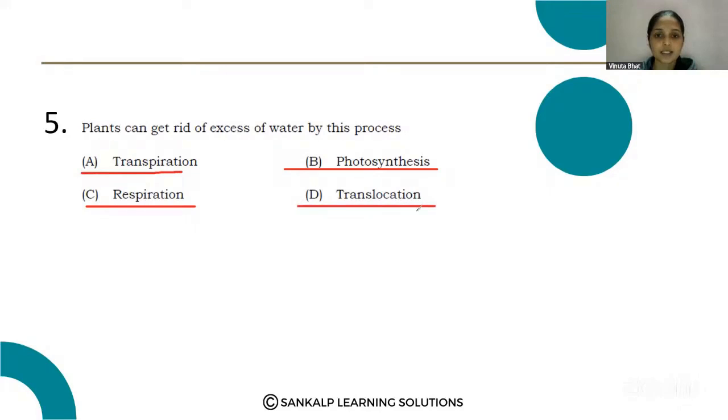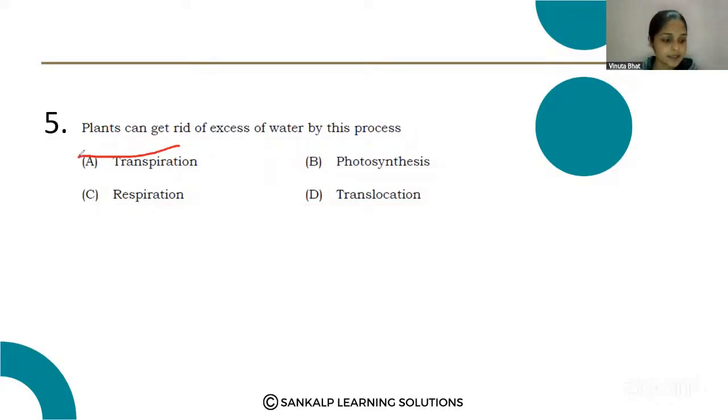Option D, translocation. Here, transpiration is the loss of water. The excess of water that is lost by this process is called transpiration. So option A is the correct answer.